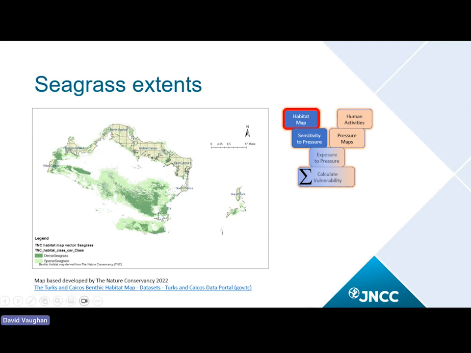Now, from the original map, we have 2 classes of seagrass entities on those maps. We have dense seagrass and sparse seagrass. This is the one from the Nature Conservancy. In principle, the dense seagrass is notionally at a higher condition, or at least that's how it's normally represented.